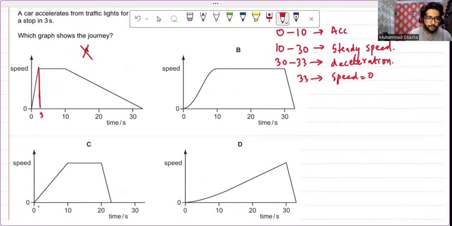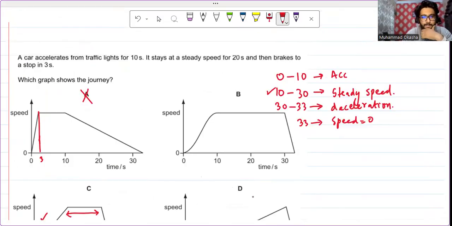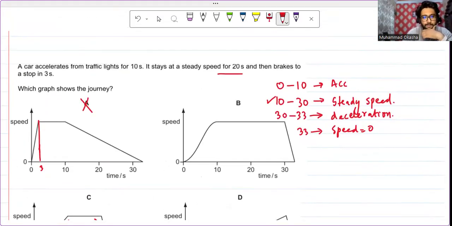From 0 to 10, it accelerates, okay? From 10 to 30, it says steady speed, while this showed the steady speed for only 10 seconds, while we know that steady speed was for 20 seconds. Okay, so this part is incorrect.